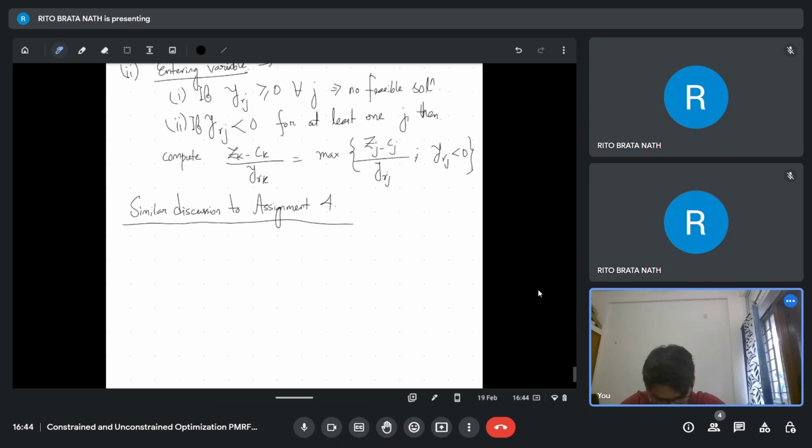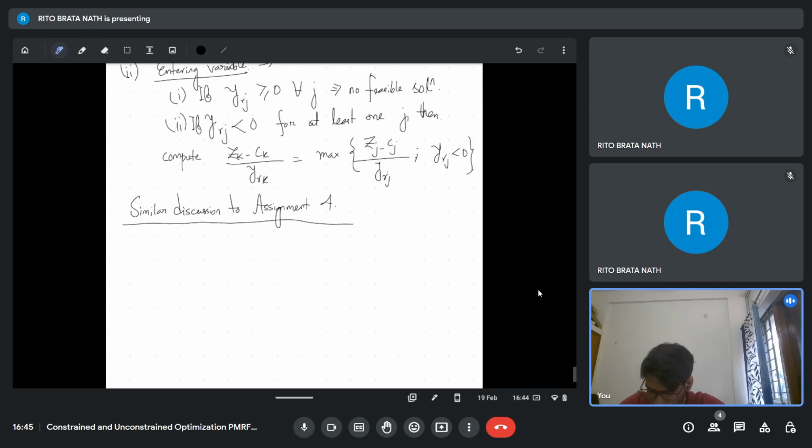So that's again pretty simple. Ninth one is which one is true related to dual simplex methods. That's related to feasibility and optimality, so I think you can answer easily.